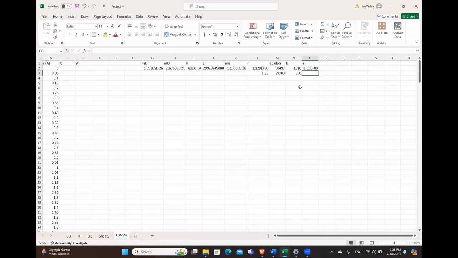And then we'll do the same thing for the excited state. I'll have to make some adjustments here for dividing by 0, but we can do that pretty easily. And we should have A for the excited state.